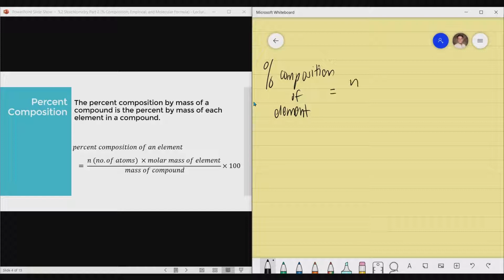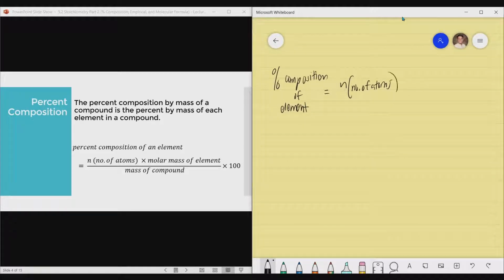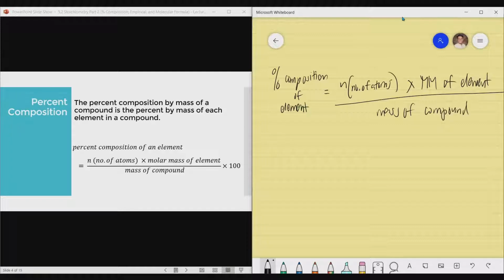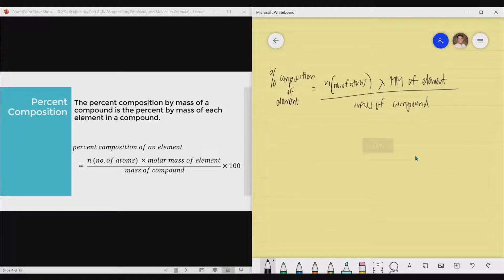is n, the number of atoms, multiplied by the molar mass of that element, all over the mass of the compound. And do not forget, this must be multiplied by 100 since we're talking about percentage.